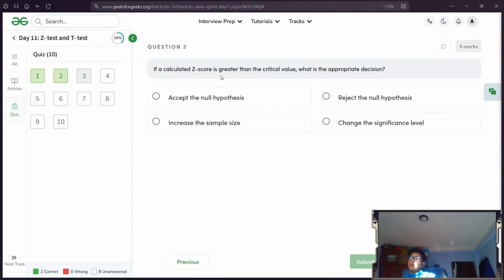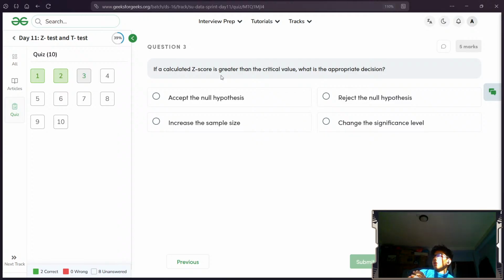If a calculated z-score is greater than the critical value, what is the appropriate decision? Critical value or the z-score.